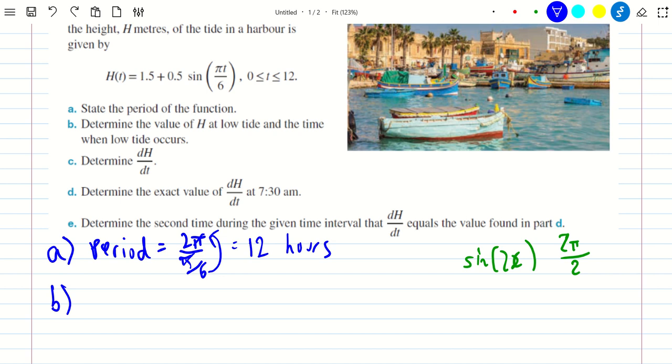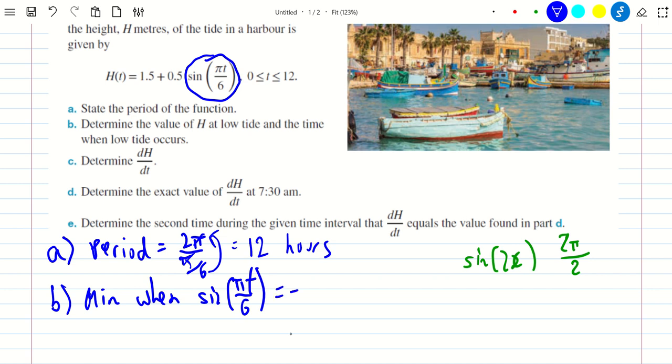Well, it's going to be at its smallest when sine(πt/6) is its smallest. So we're going to get a minimum, so low tide, when sine(πt/6) is at its smallest. And what is the smallest that sine can be? Well, that's going to be -1. Remember what the sine function looks like.